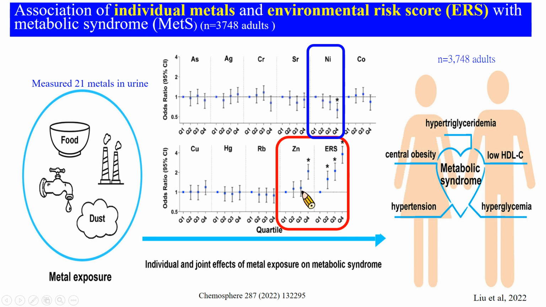And zinc, which is an essential trace element, also increased the risk of metabolic syndrome. Only individuals with the highest level of plasma zinc had an increased risk of metabolic syndrome compared to the reference, which is Q1.